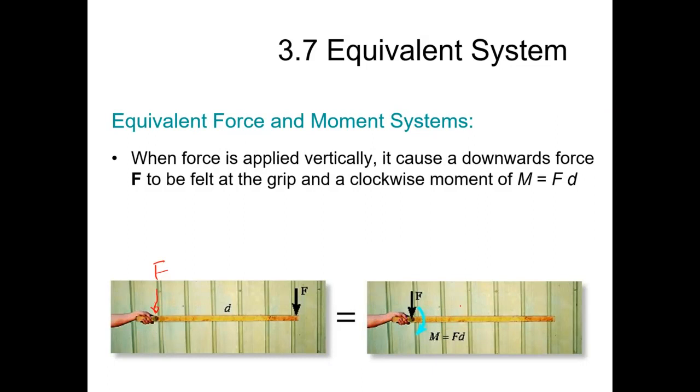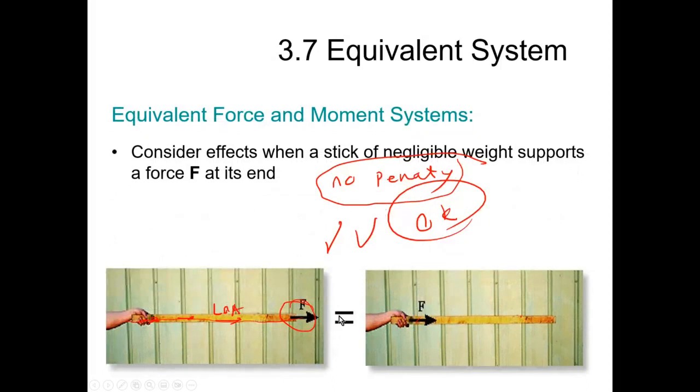Then the penalty is, I bring the force, and a moment should be added to that. So this moment is the extra strain you had on your wrist when this was at the end of the beam. So I just said that in a pictorial way. The first one is if you shift the force along the line of action, no penalty.